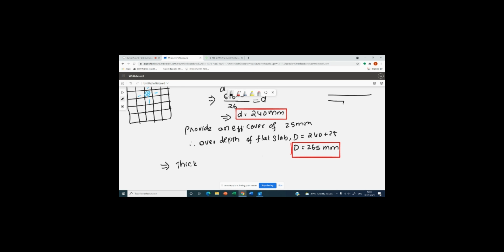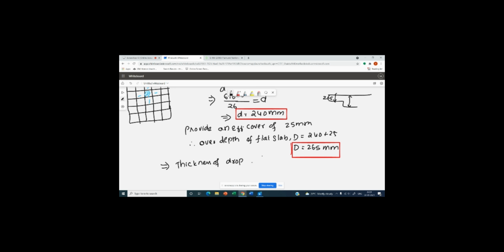Then some part will come, that is the drop. Now we are calculating the thickness of the drop. First we'll find out the thickness of the drop. If we add this thickness, it becomes the total thickness of the drop.